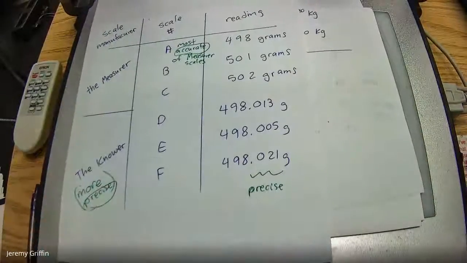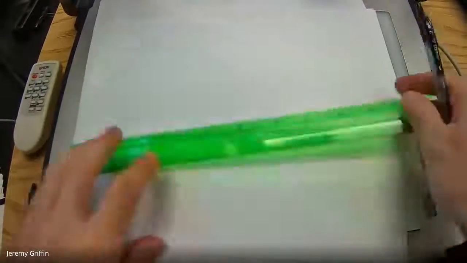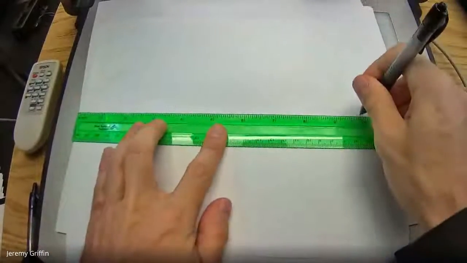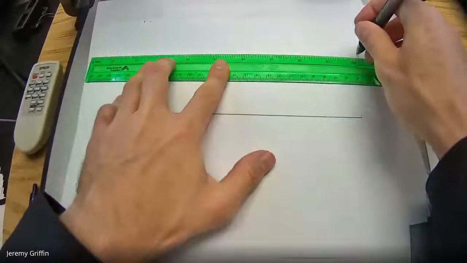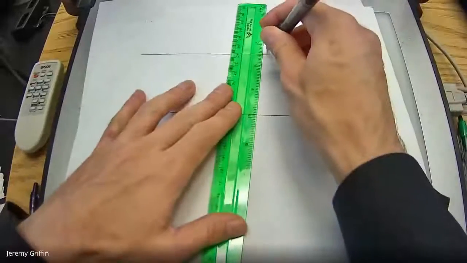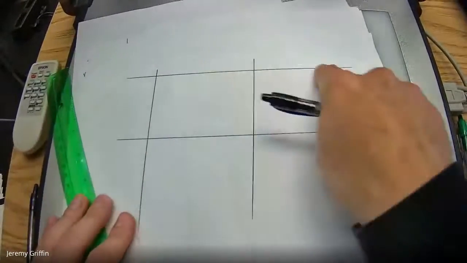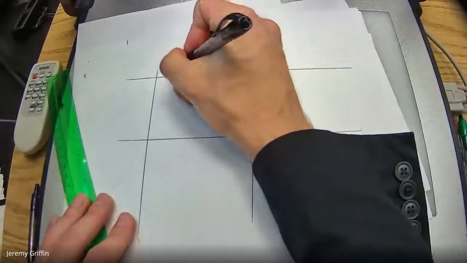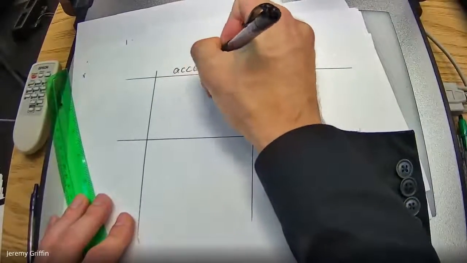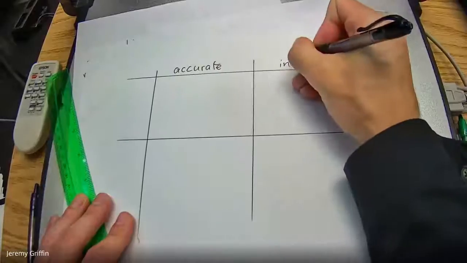I'm gonna draw a table for you guys. It shows the precision versus accuracy. I'm gonna do a 2x2 table. So along one axis, we'll go with accuracy, so I'll say accurate and inaccurate.